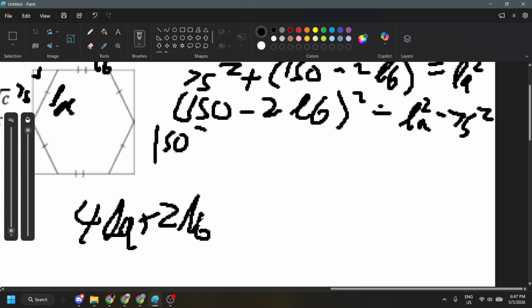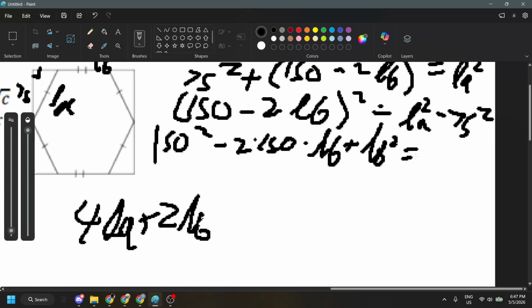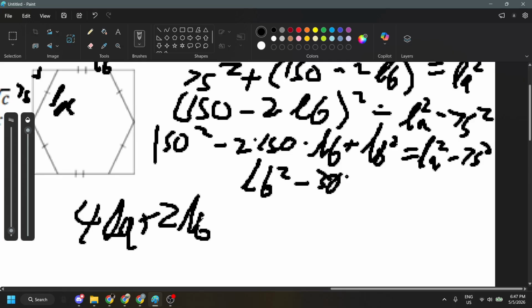So 150 squared minus 2 times 150 times LB plus LB squared is equal to LA squared minus 75 squared. So LB squared minus 300 LB is equal to LA squared minus 75 squared minus 150 squared.